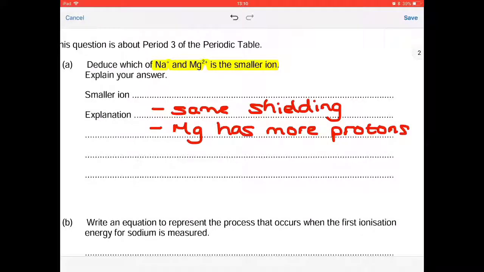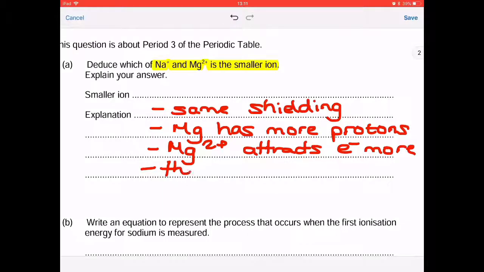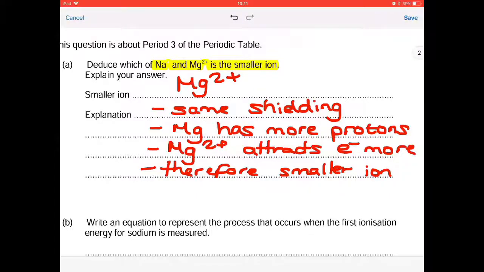Because they have the same shielding, and because magnesium has more protons, magnesium 2 plus attracts the outer electrons more, and therefore is the smaller ion. So your answer for the smaller ion should be Mg2+.